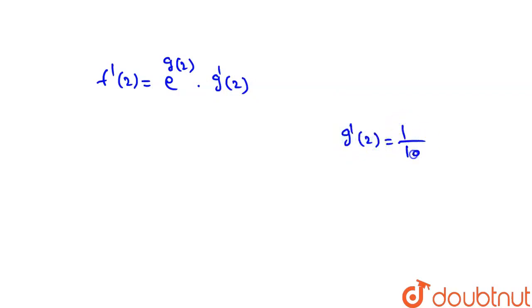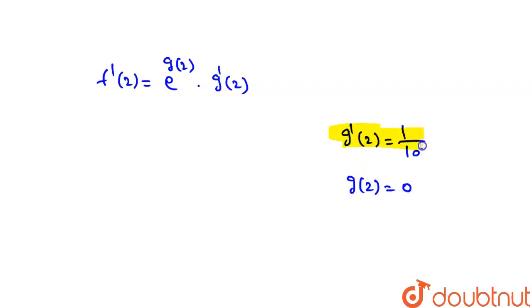We have the expression f dash 2 is equal to e to the power g2 into g dash 2, and we know that g dash 2 is equal to 1 upon 10 and g(2) is equal to 0.